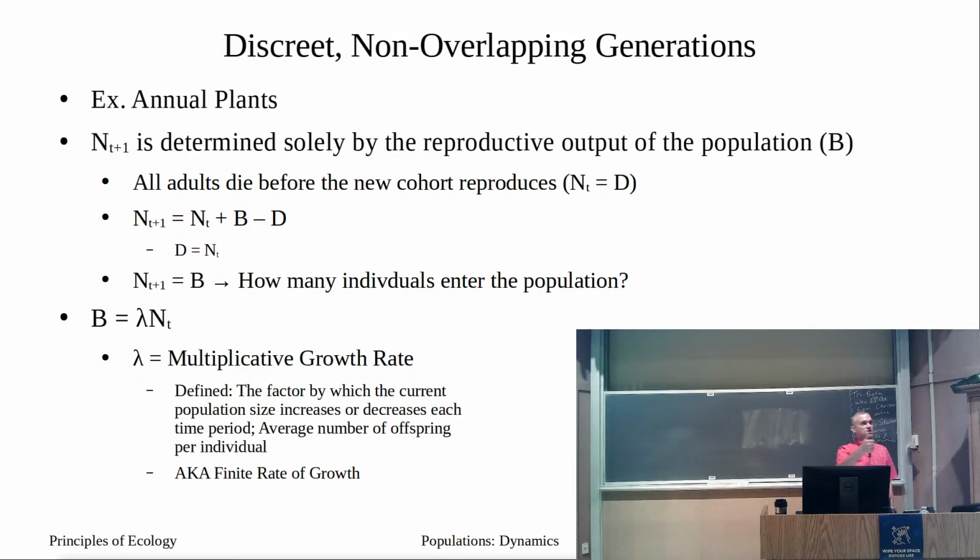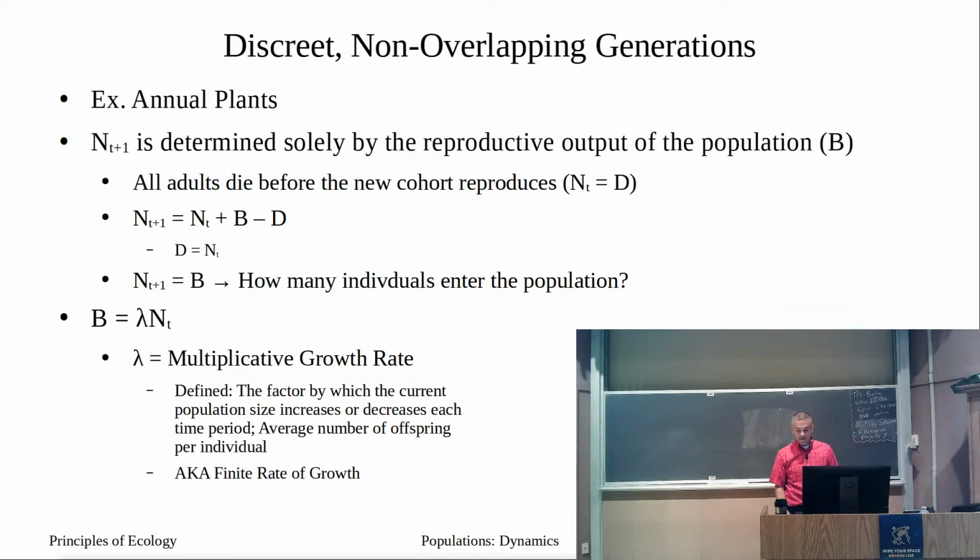Well, no. We assumed there's no net migration to begin with, so that drops out. And what about deaths? All of our adults die before our offspring start to reproduce. So the number of individuals that die is exactly equal to our starting population size, so that cancels out. So our population at the next time point is determined by how many individuals actually enter our population, and that is B, our number of births.